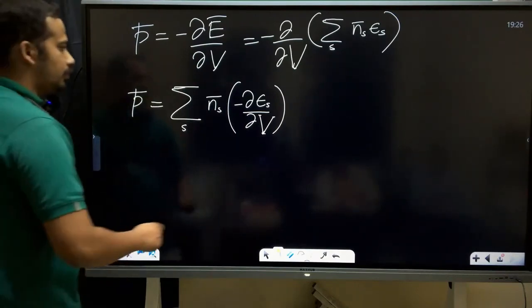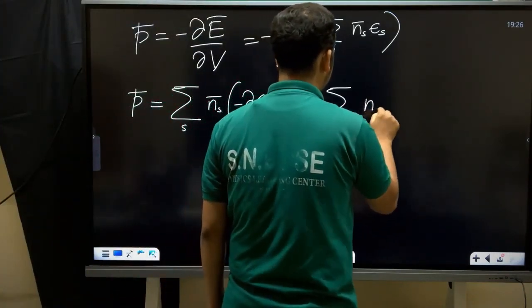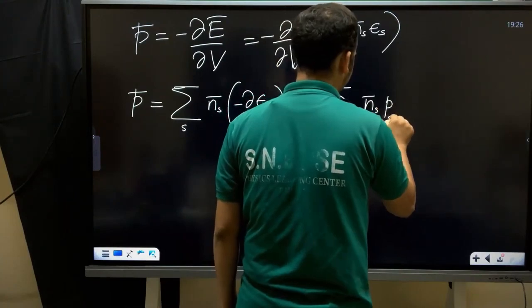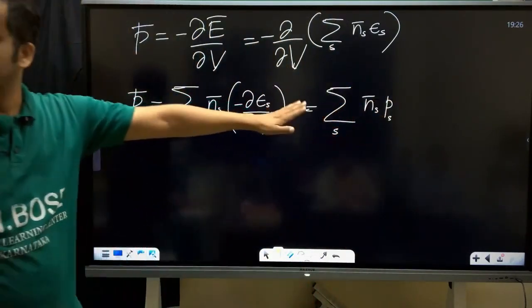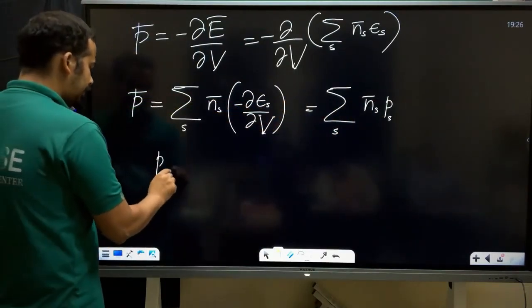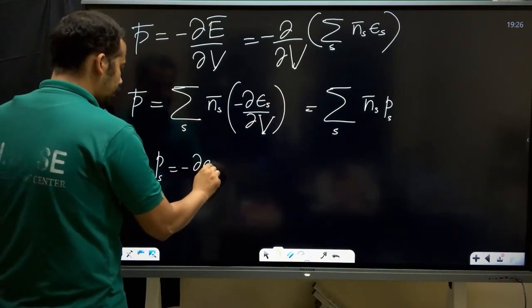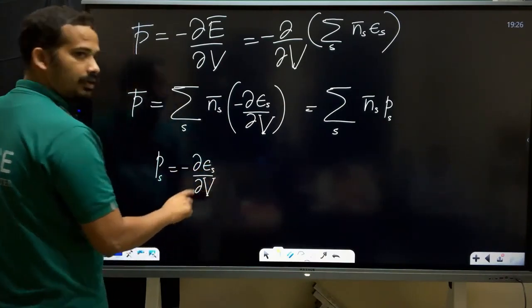Now I'm going to write it as summation over NS mean into PS. I'll define PS, it's not any measurable physical quantity. PS is equal to minus dou ES by dou capital V, where V is the volume of the container.